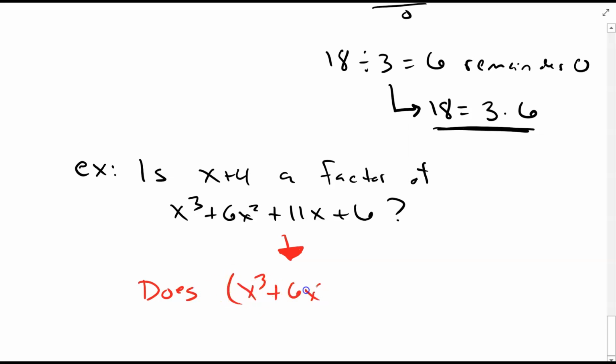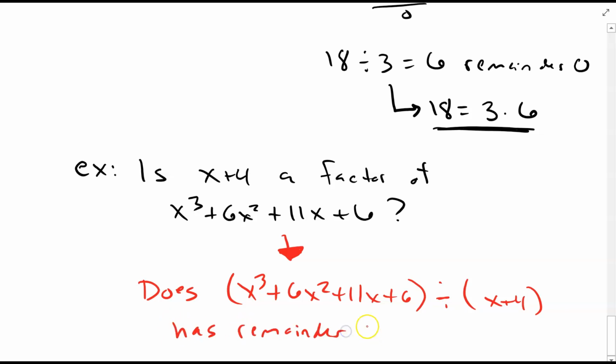I just need to check to see if this division problem has a remainder of 0. If it does, then yes, that thing's a factor. If it doesn't, then no, it's not a factor.